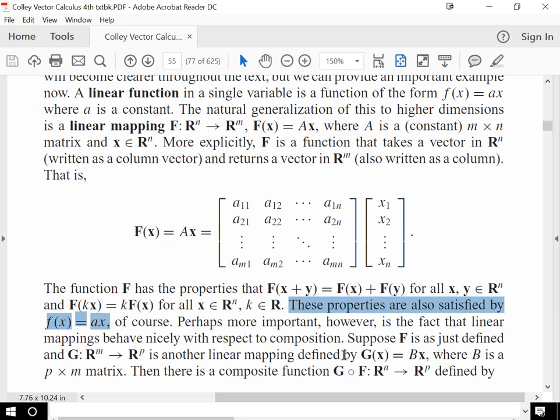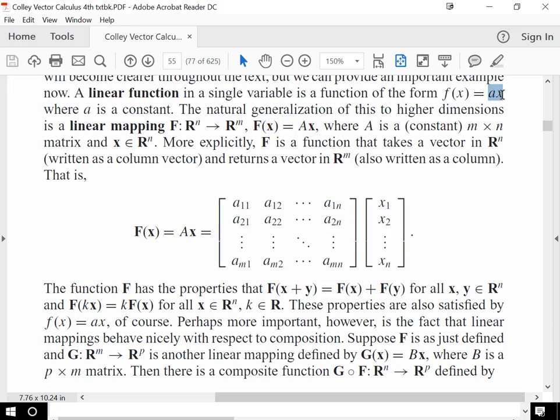Perhaps more important, however, is the fact that linear mappings behave nicely with respect to composition. So we're talking about linear mappings, and first she said there's a nice way of writing a linear mapping as just Ax.